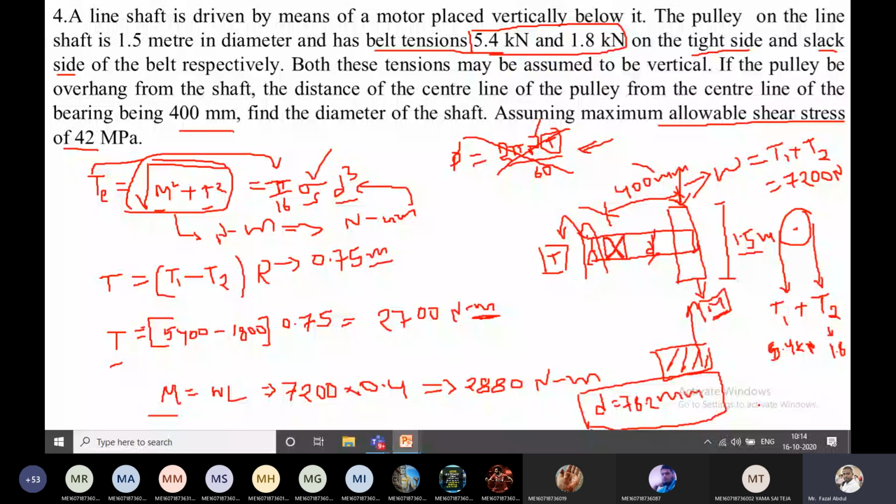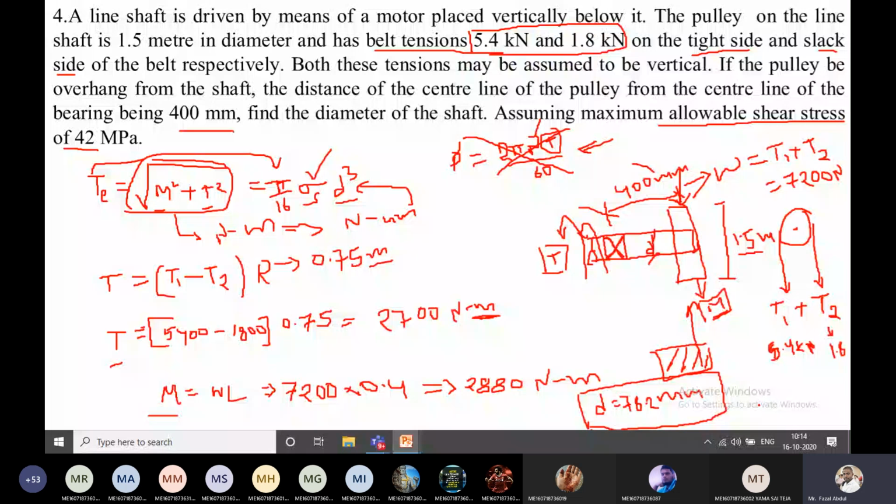Also recall the bending moment equations. For a simply supported beam with a point load acting centrally, it is WL by 4. Cantilever beam, W into L for the point load. For the cantilever beam with uniformly distributed load, what is the bending moment equation? W L square by 2, I think. So whatever equations you studied in strength of material, you just recall all the relations.